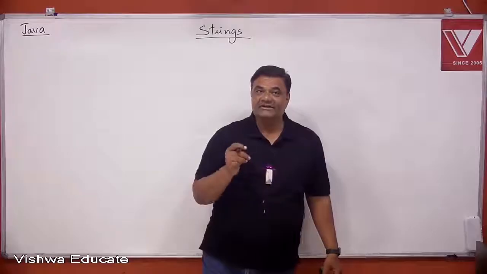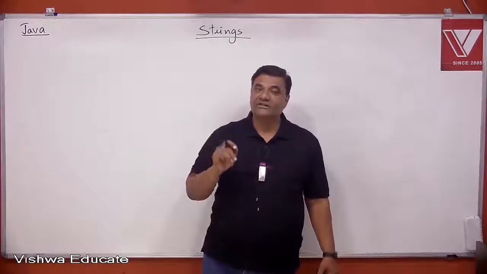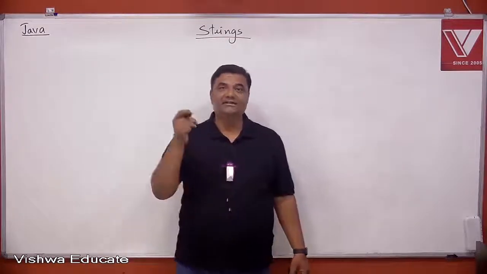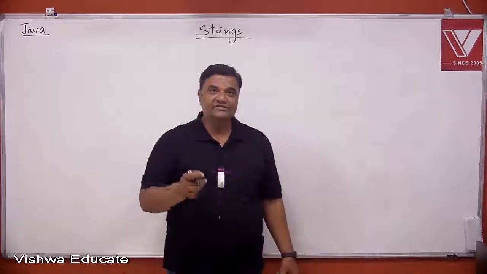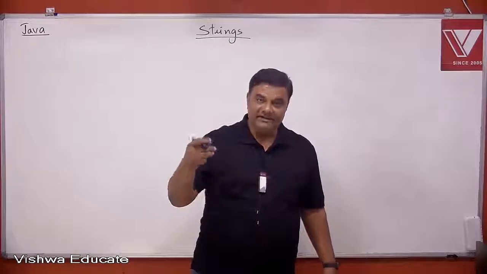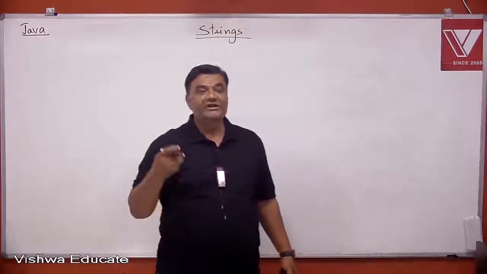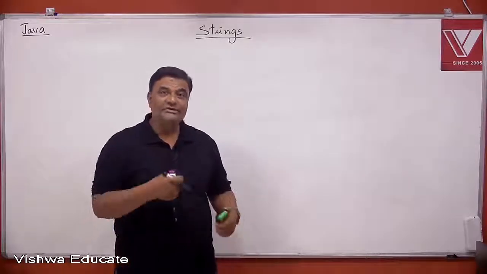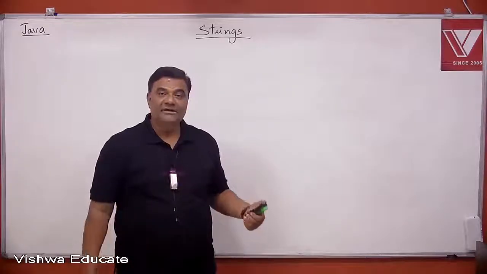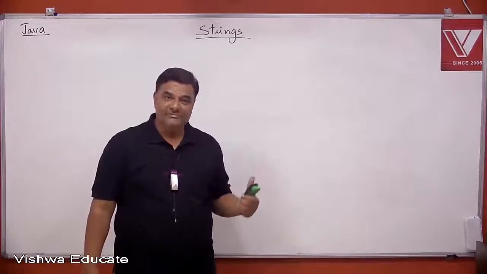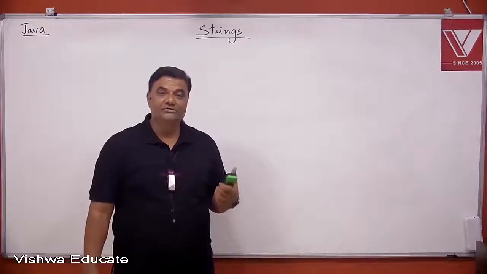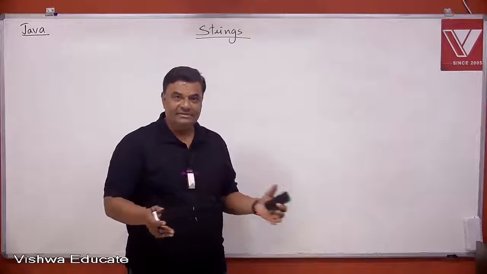So it is having its data member and the method. So every class will have data members and methods, that is member functions. So string class is also having ready-made methods, that is member functions. You can use them for doing your work. So it makes our work easy, so we can use those methods. So let's see what are those methods. So we will see them one by one.